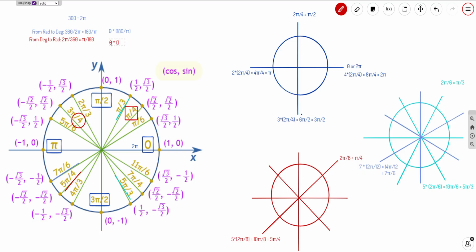Solo en vez de 180 entre pi, tiene pi entre 180. There we go.